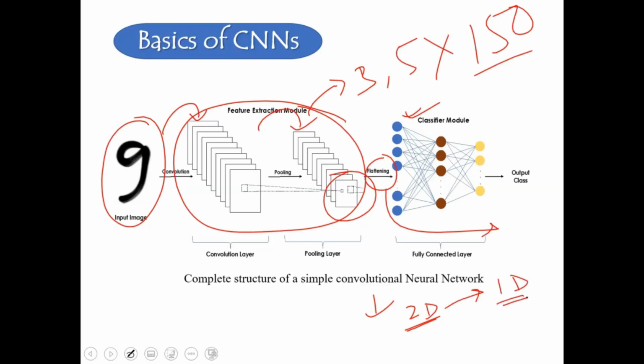And then the classifier layer reads the 1D feature vector and applies some hidden layers there, and ultimately classifies the output, or tells that this image belongs to this class. Okay, so till now, any confusion or any query? So this is the basic of convolutional neural networks.